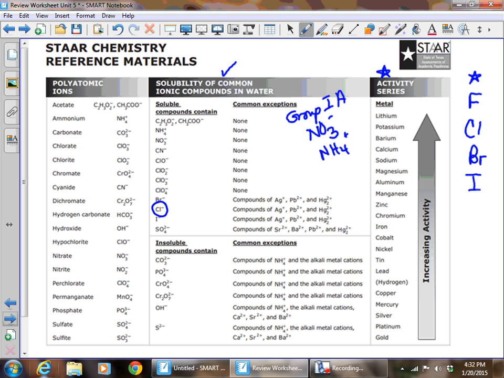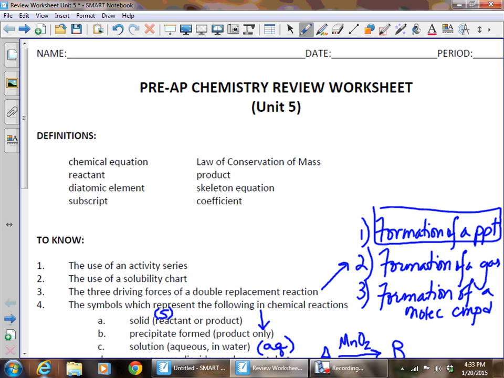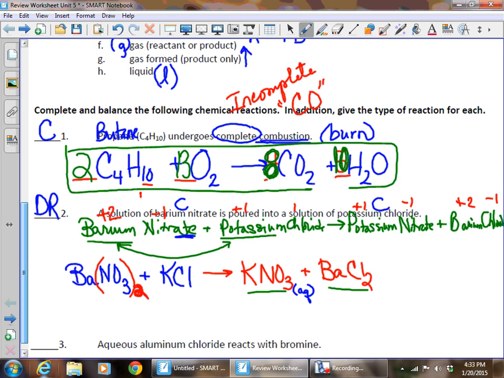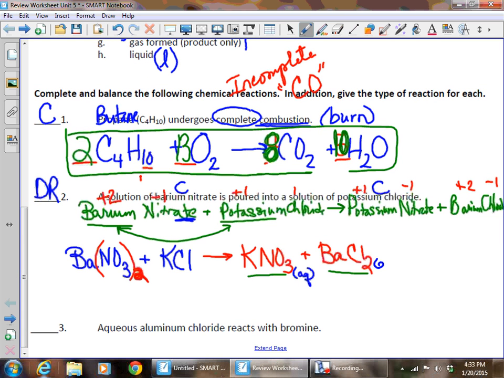Well, there's chlorine right there, and it's in the soluble list, and barium is not one of the exceptions. So it looks like our barium chloride is soluble too. Well, if that's true, then that means this is soluble as well. That means this does not react. No reaction. And that's what I want to see for this one. No reaction.